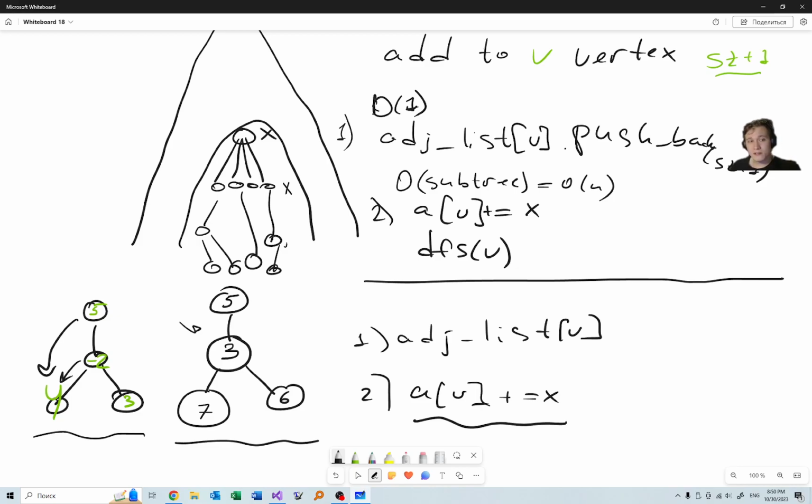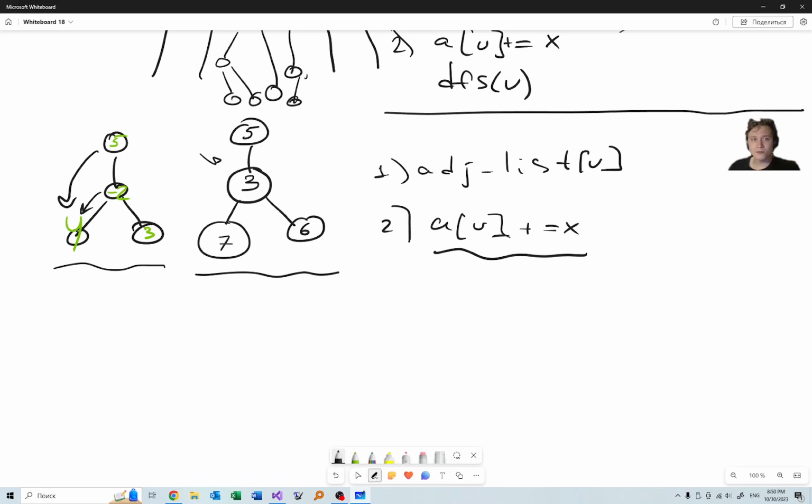Actually, this would work, except I cannot add a vertex. So assume that you add some new vertex. You want to add a vertex with 0, but you cannot, because if you want to add a vertex with 0, here it wouldn't be 0. Here it would be, I guess, minus 7. So what I would like to do is find the real value of this vertex and put here minus this value.